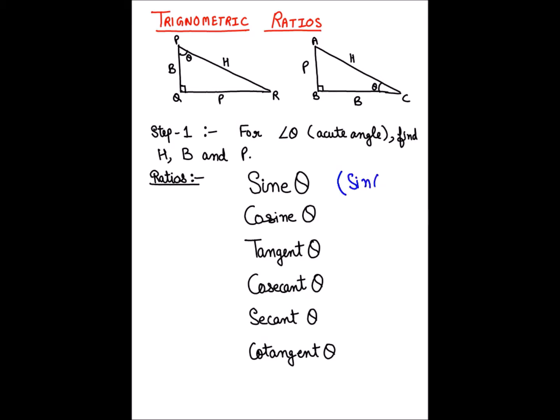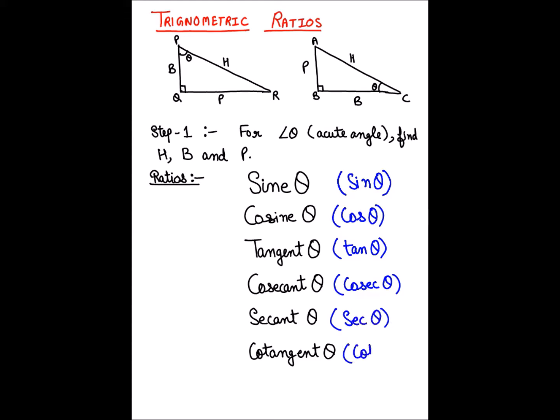In short, they are known as sine theta, cos theta, tan theta, cosec theta, sec theta, and cot theta. So you have to quickly learn these names: sine, cos, tan, cosec, sec, cot in sequence.